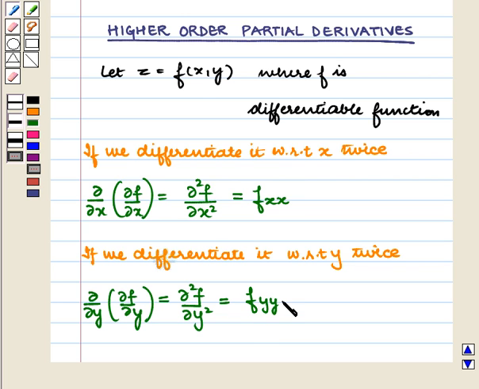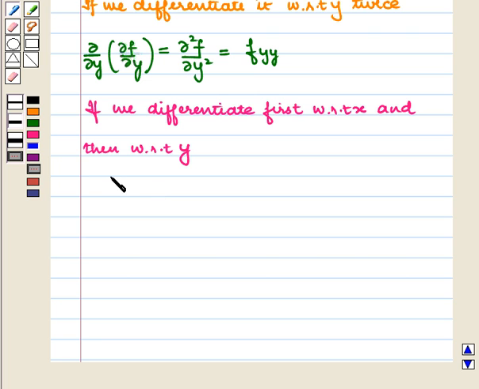Now if we differentiate first with respect to x and then with respect to y, we write del by del y of del f by del x will be equal to del square f by del y del x, which can also be written as f sub xy.